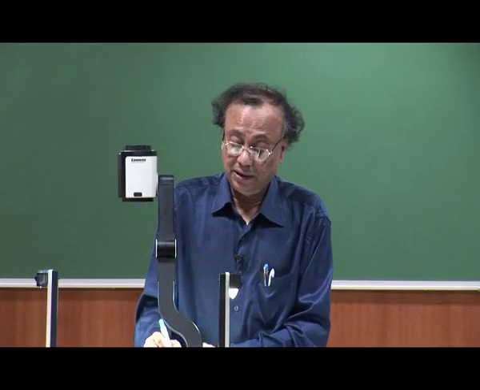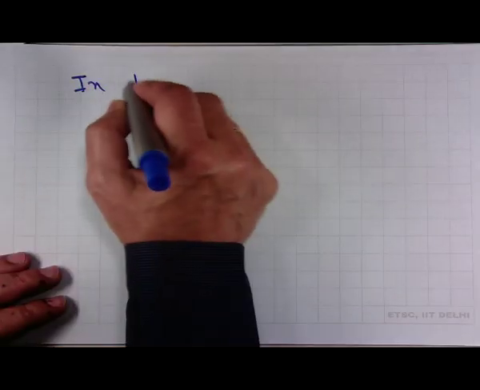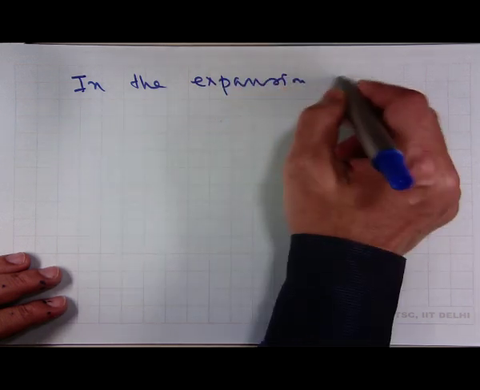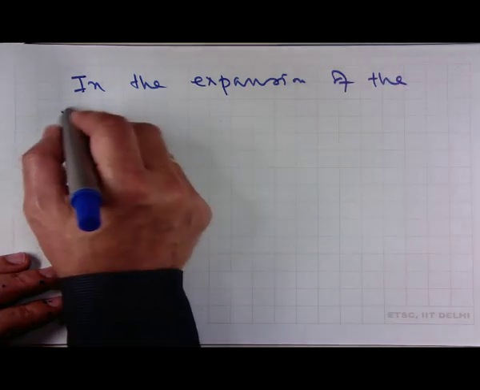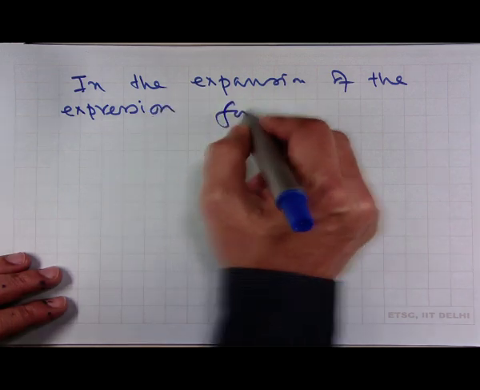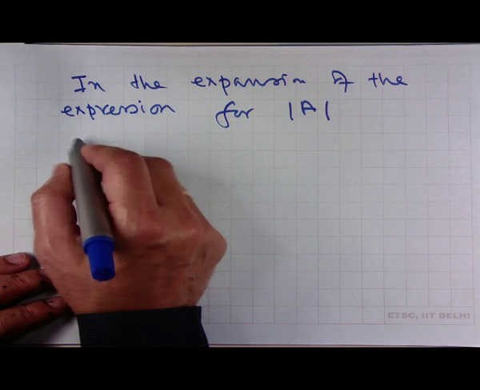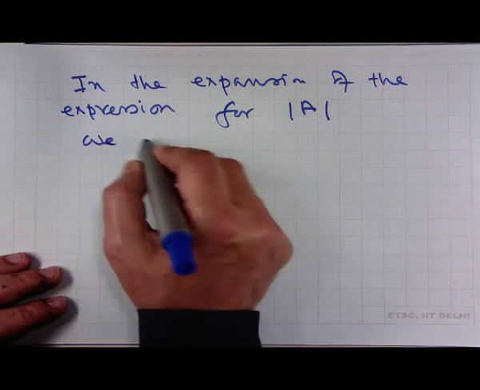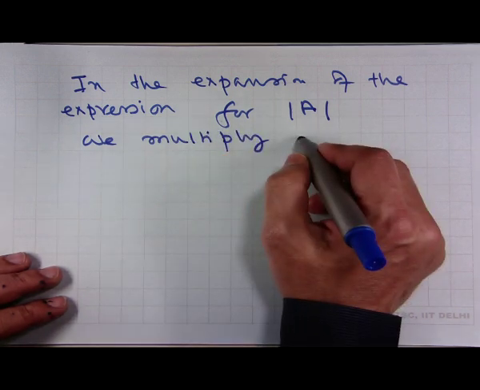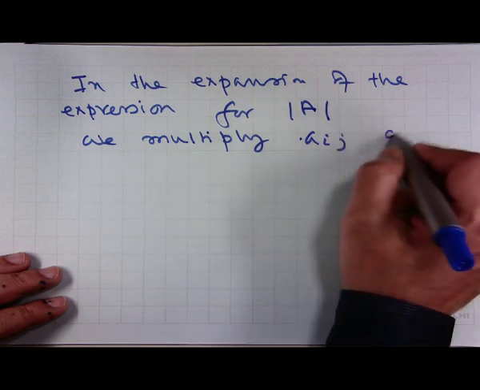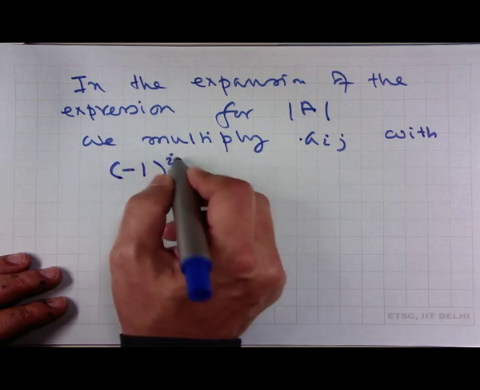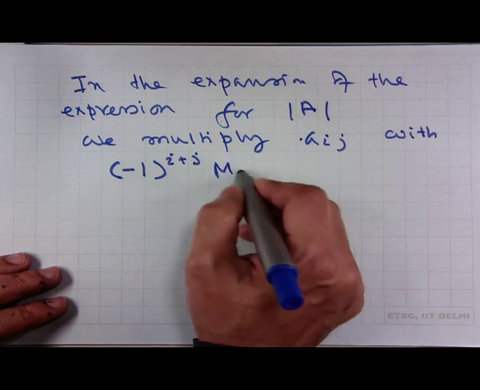Also, we have seen that in the expansion of the expression for determinant of A, we multiply A_ij with (-1)^(i+j) into M_ij.